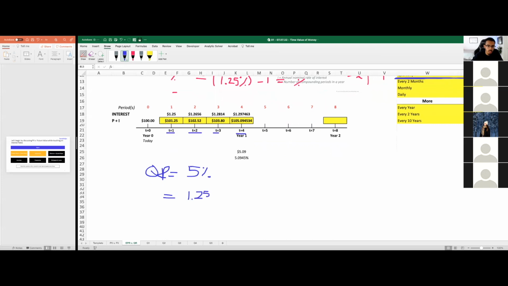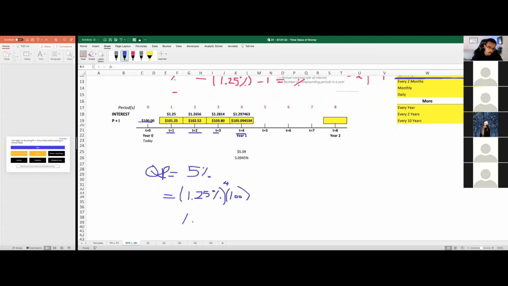And then we took that amount, 1.25%, and we did that times 100, which was the initial investment. And we did that 4 times.